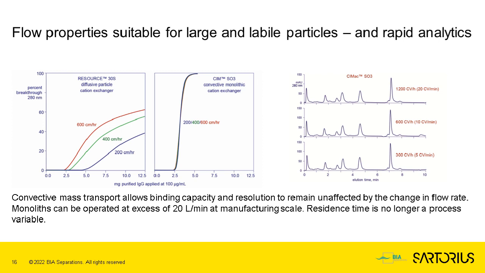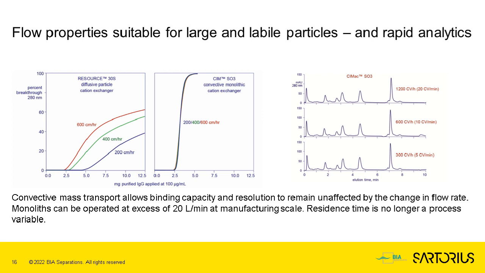Why we like using monoliths and why they have such nice properties for mRNA. I'm borrowing slides from many years ago when their chromatographic properties were profiled on IgGs, where we've shown that monolith, because of its convective mass transfer properties, exhibits flow rate independent chromatographic properties, meaning resolution as well as binding capacity are flow rate independent.